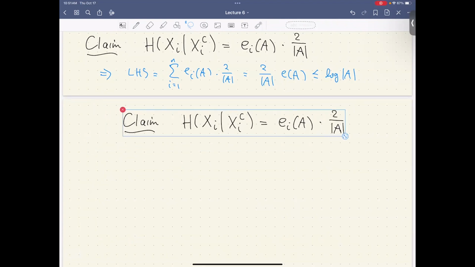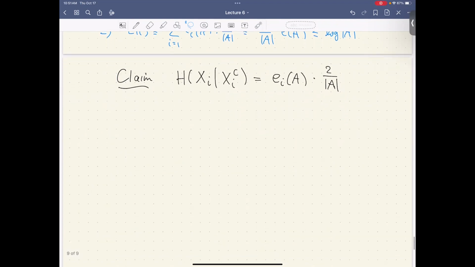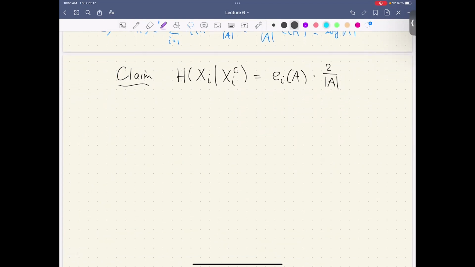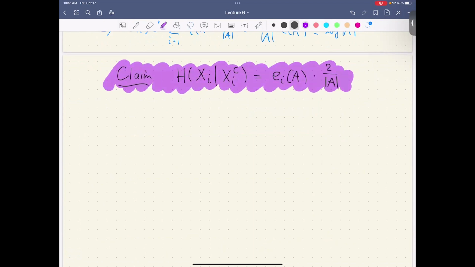Okay. Let's prove this claim. So how do we prove this? Well, we need to draw some pictures. First, let's use the definition of conditional entropy to write the left-hand side. Proof. By definition, H(xi | xi^c) equals a sum over all possible choices for a vector.